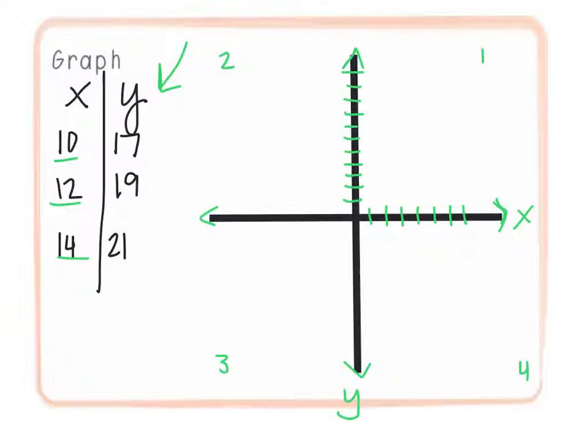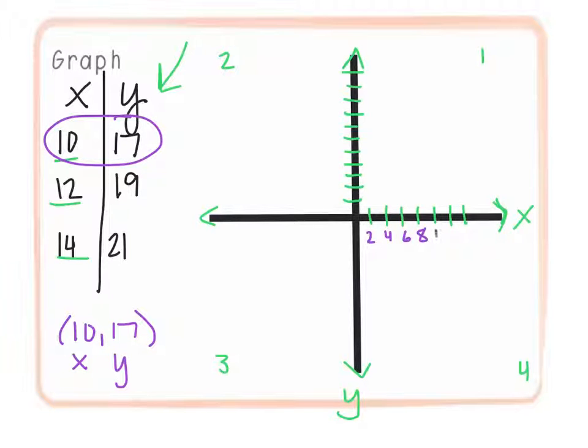So I'm just going to go ahead and graph my first pair, which is 10, 17. And remember, if that was written, I would have it 10, 17, and this would be my x and this would be my y. So I walk first forward 10 spots. And remember, I went by twos. So 2, 4, 6, 8, 10, 12, 14.